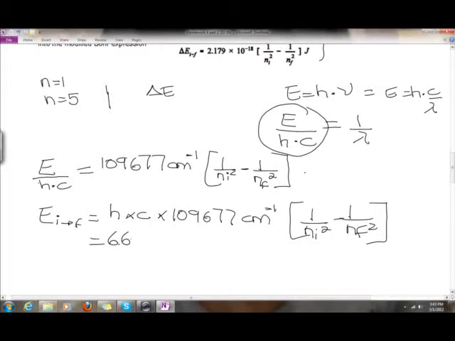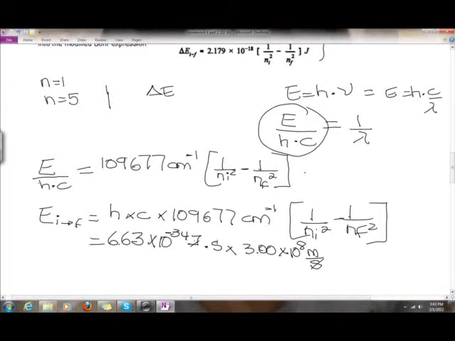h is 6.6 by 10 to the minus 34, and by the way, this is joules per second. Multiply by c, 3.00 by 10 to the 8 meters per second.